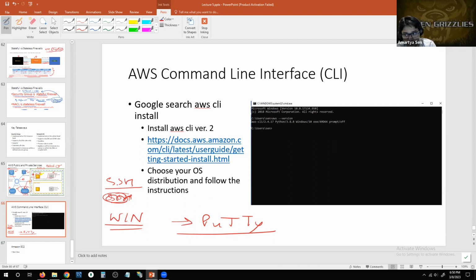So again, first check SSH using your default CMD, your command prompt for your Windows system. But if that does not work, please make sure that you download PuTTY and use it. For those who are working with Linux distributions or macOS, you can just use the regular terminal to SSH into the EC2 instances that we will eventually be creating.